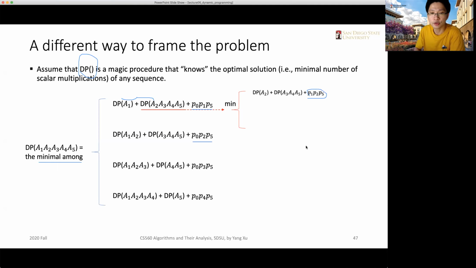The second choice is parenthesize A2 and A3, and the third choice is parenthesize A2 times A3 times A4.